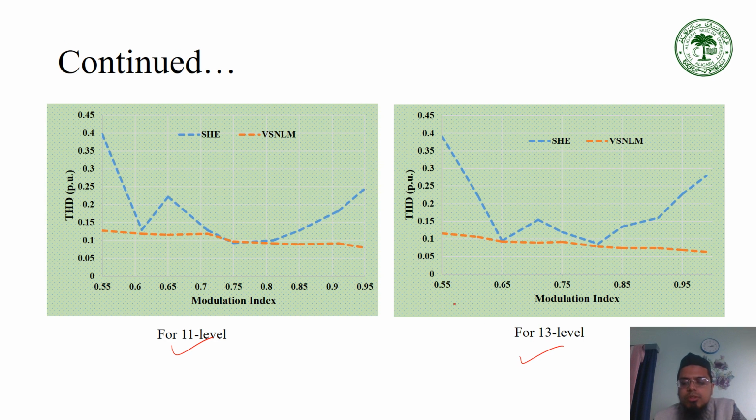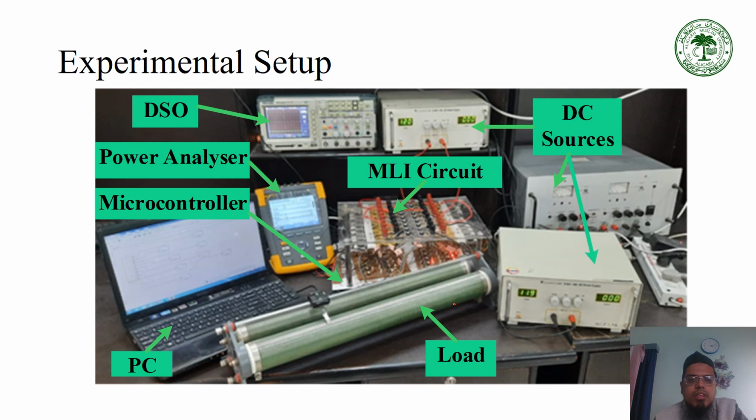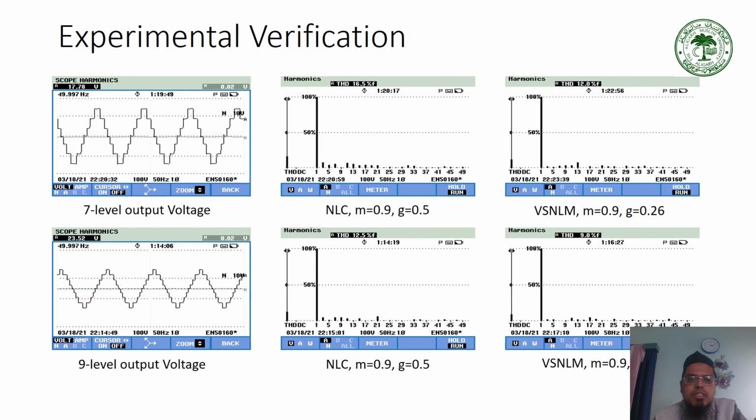Okay, and this is the circuit for the implementation of the scheme. We have tested it on hardware, and we have even found that hardware results are also better. And definitely, if theoretical results are giving lesser values and are mathematically obtained, hardware results are bound to give the same type of results.